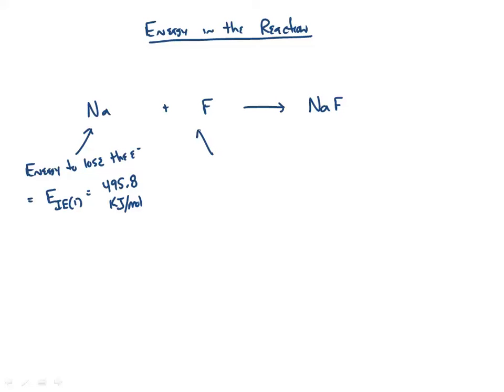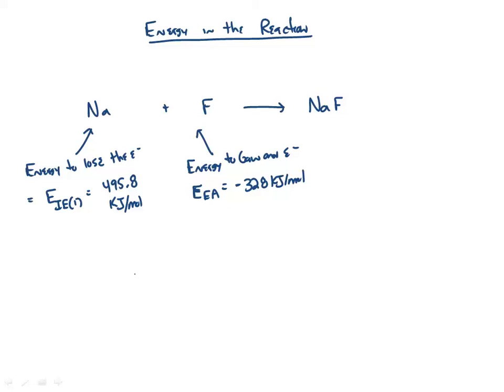For fluorine, it's not the energy to lose an electron, it's the energy to gain an electron, so in this case that is our electron affinity. If we look on our chart, that's minus 328 kilojoules per mole.